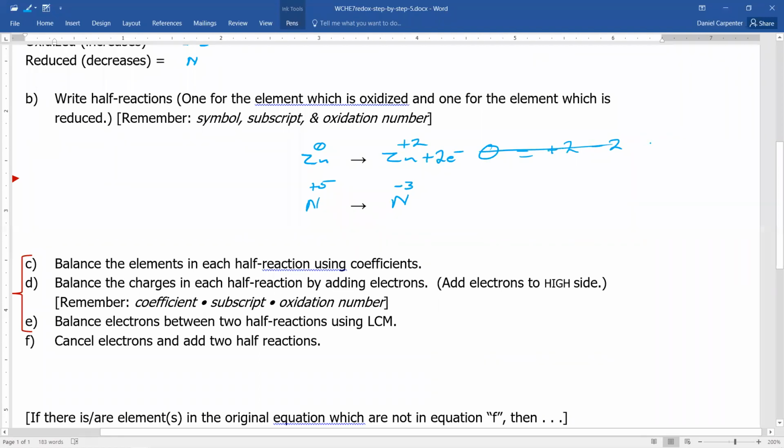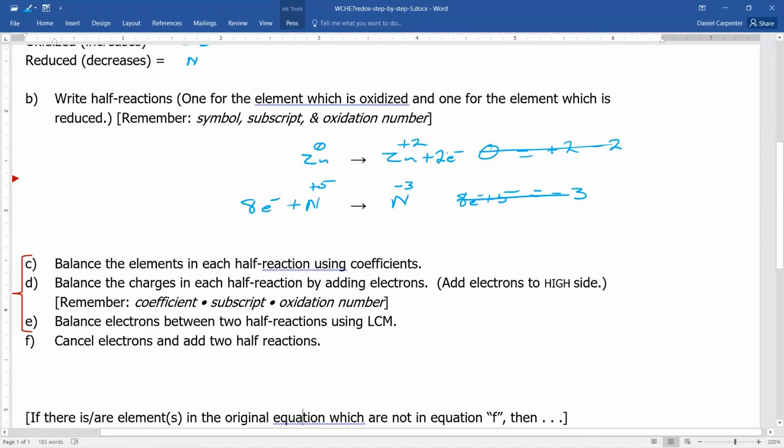Done with that. 1 times 1 times 5 is 5. 1 times 1 times 3 is -3. So 5 minus 3 is 8. Done with that.